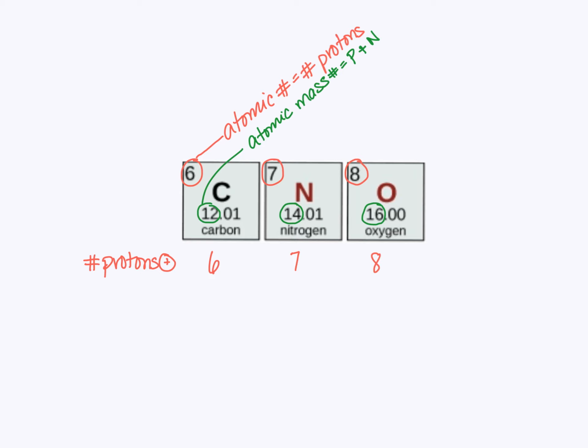So if we wanted to find out how many neutrons there were in an atom, we could just take the atomic mass number minus the number of protons in order to get the number of neutrons.